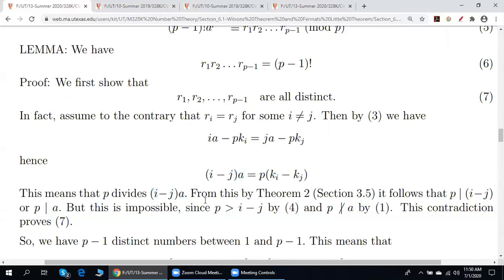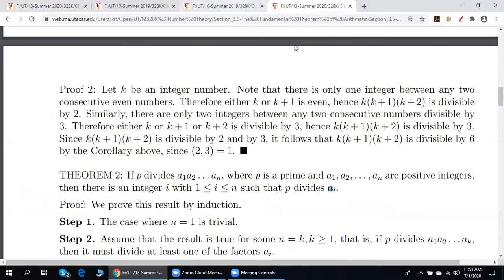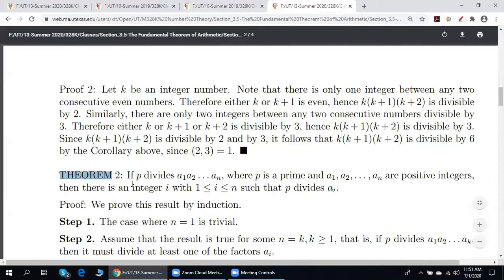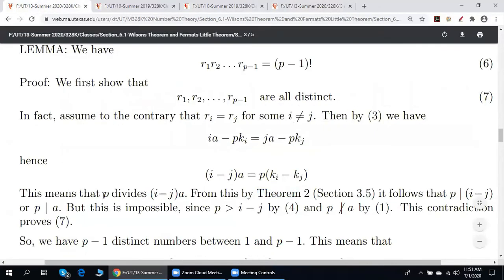And now again, let us use Theorem 2 from section 3.5. This theorem: if P divides the product, P divides one of the factors. So P divides the product, therefore P divides either this or this.